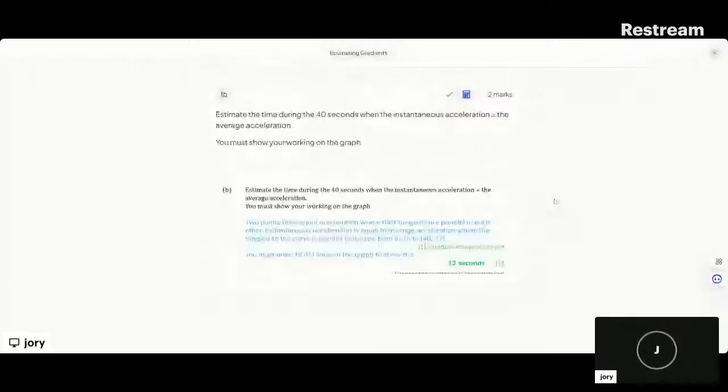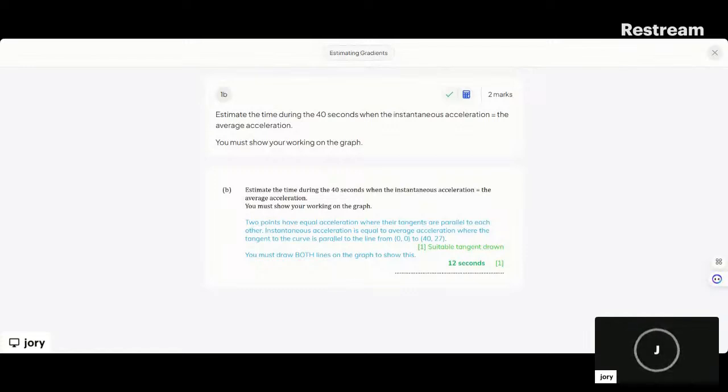Maybe a little under 10. It's a little more. Instantaneous acceleration is equal to average acceleration where the tangent to the curve is parallel to the line. You must draw both lines on the graph to show this.